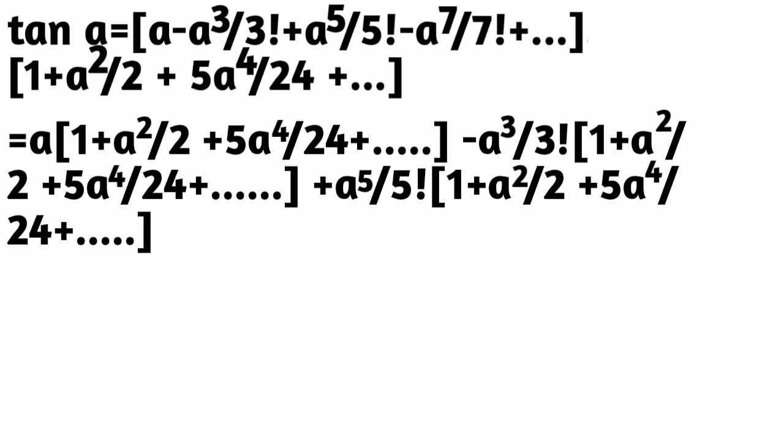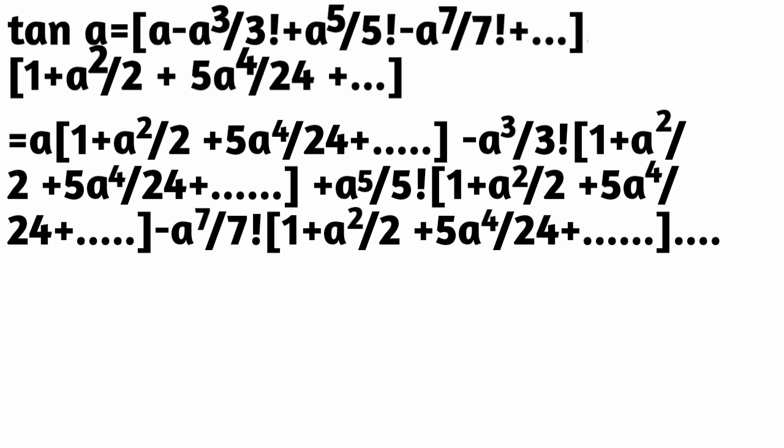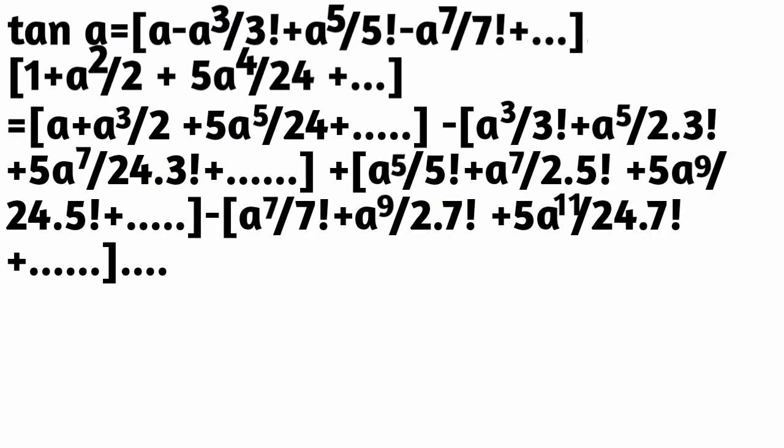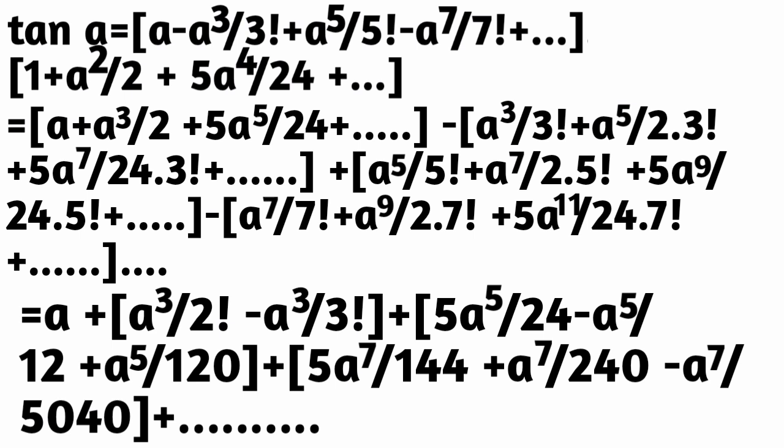Okay, and after multiplying and simplifying, collecting equal degree terms and neglecting higher degree terms, we can see here that the terms of alpha power 3, alpha power 5 and alpha power 7 have maximum 3 terms and minimum 2 terms.